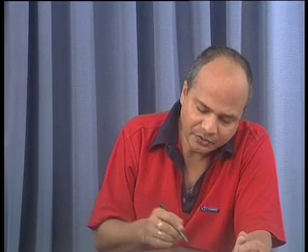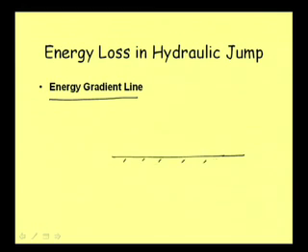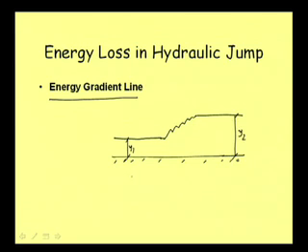But right now we should know how our energy gradient line will be in case of hydraulic jump. Say, this is the bed slope, and our water is flowing like this, and then this is y1 and a jump is occurring, and then it is moving there, y2.